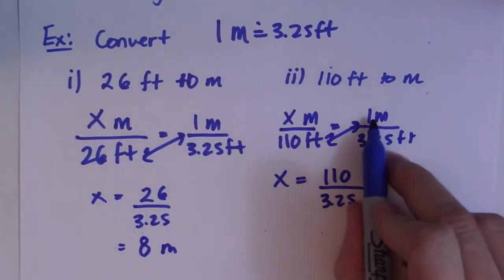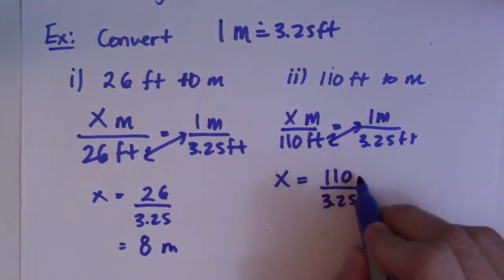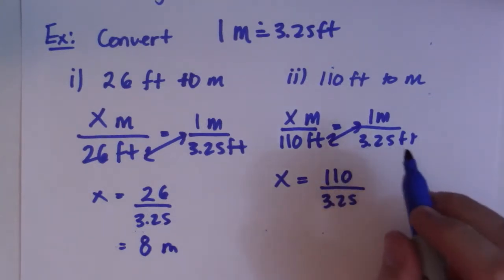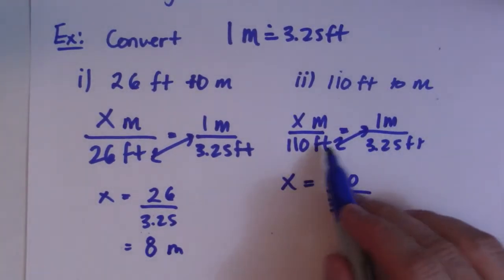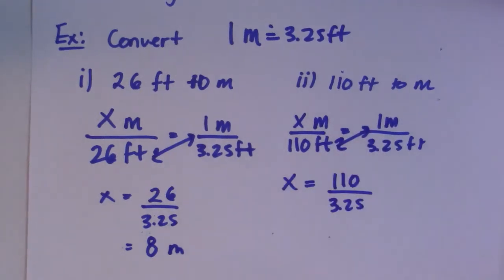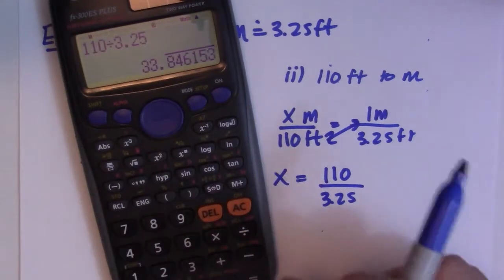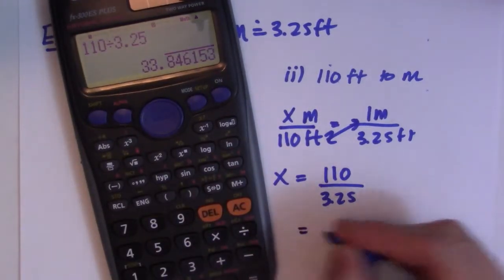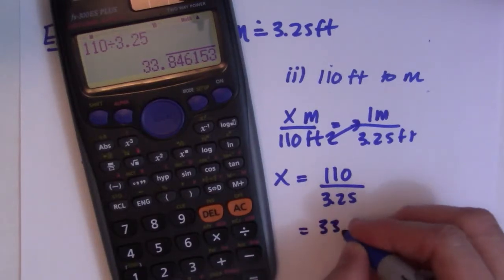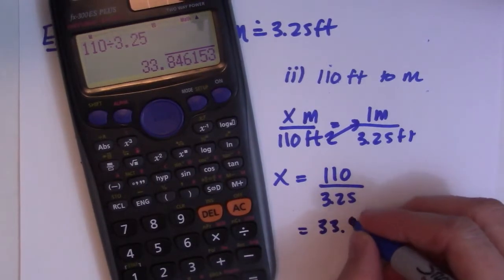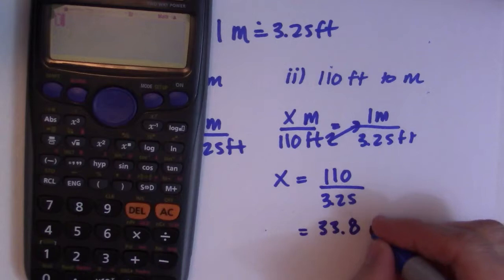If this was something other than 1, which it probably never will be, I would multiply the 110 by it first. So if it was 2, I would do 110 times 2 divided by that number. So 110 divided by 3.25, and then I'll change that to a decimal. It's not a nice decimal, 33 point, I'm just going to call it 0.8 meters.